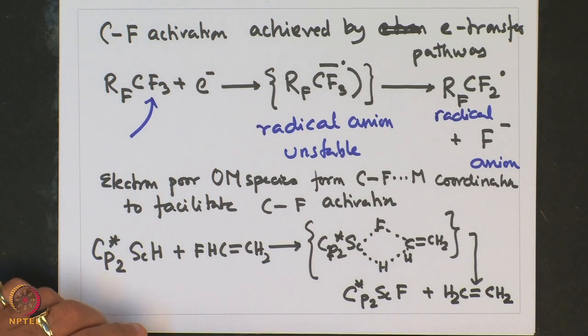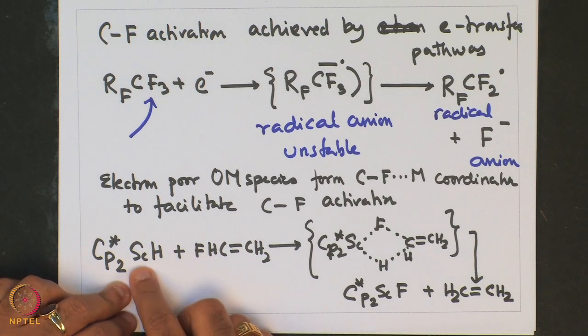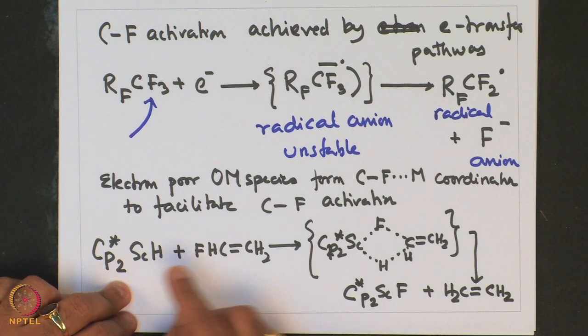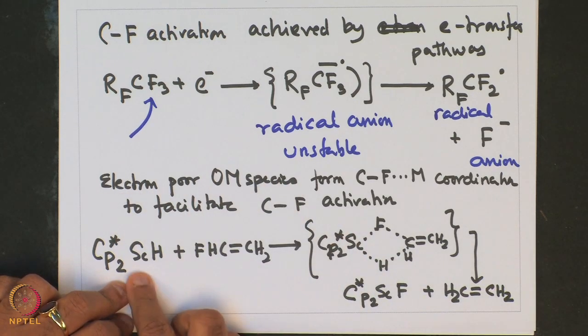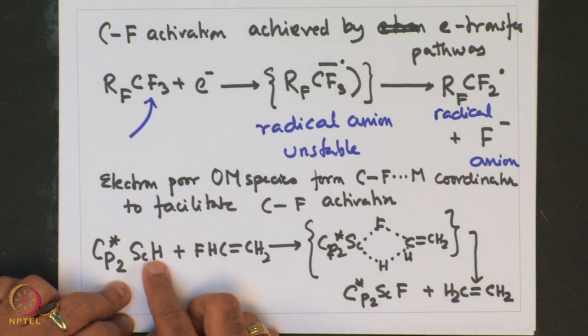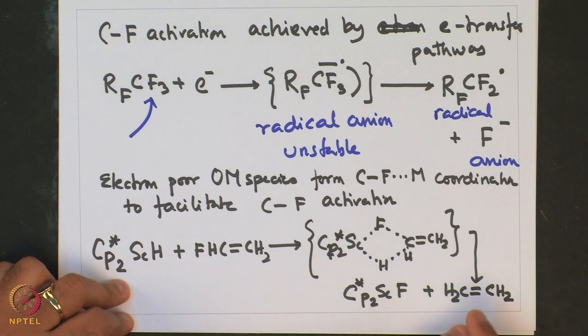Here too what one observes is that this fluorine is sort of abstracted by this electron deficient species scandium and interchanged with the hydrogen which scandium had, leading to this CF bond activation.